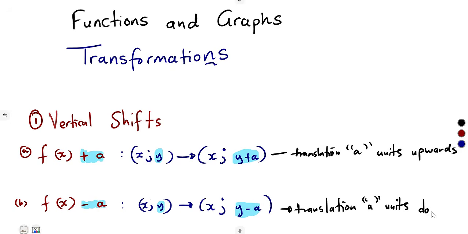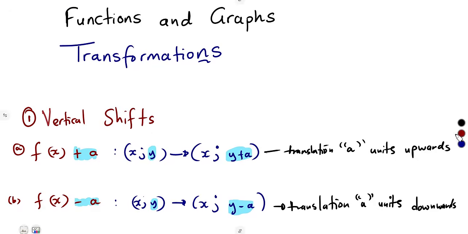All right. So this time we are going downwards. So a translation is simply just like a shift. You are shifting your points. So it is a shift of A units going down or a shift of A units going up.